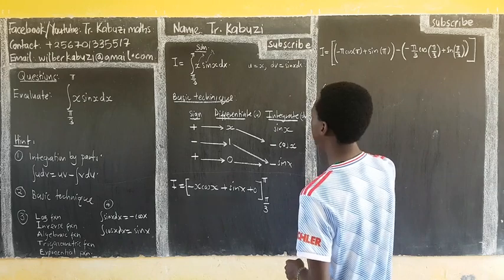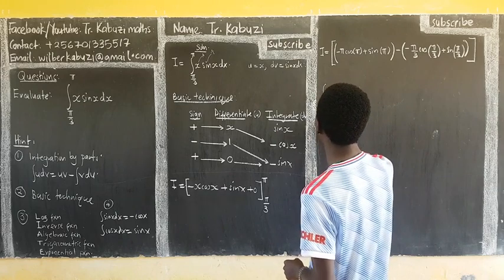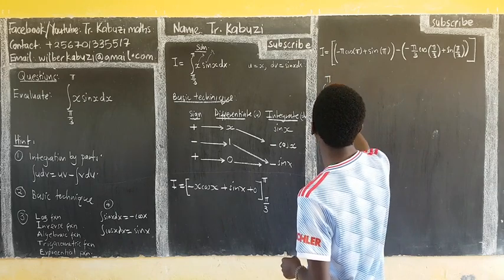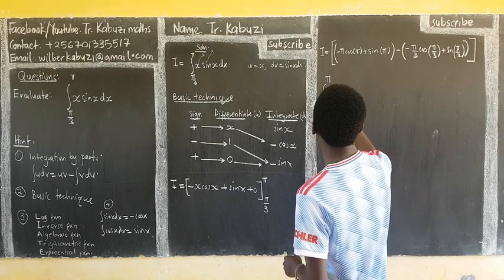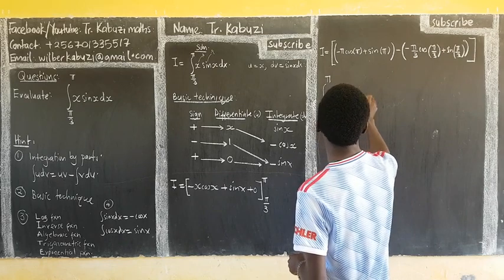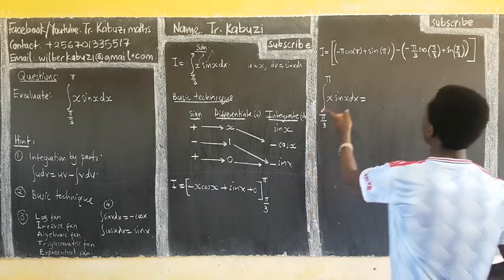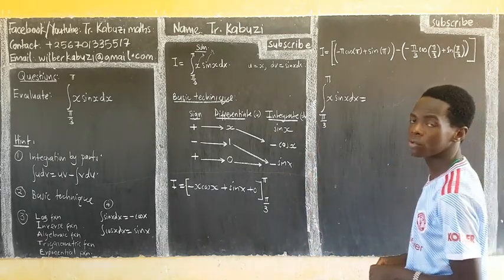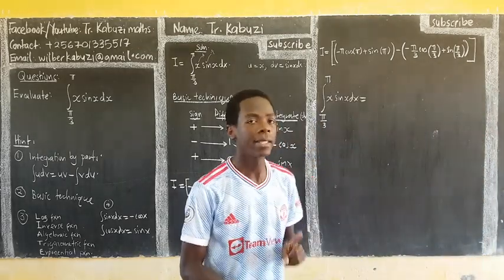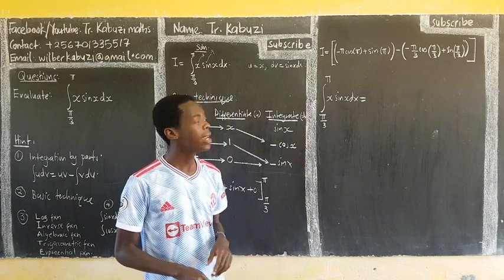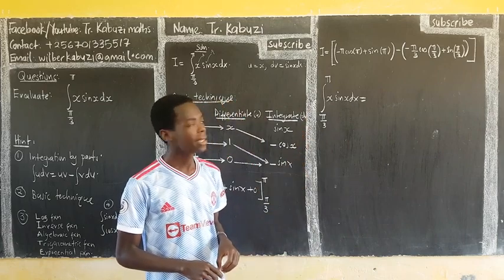So now my integral from pi over 3 to pi of x sine x dx is going to be, now I press that on the calculator and you give to 4 decimal places, when your calculator is in radians. Let me press mine.